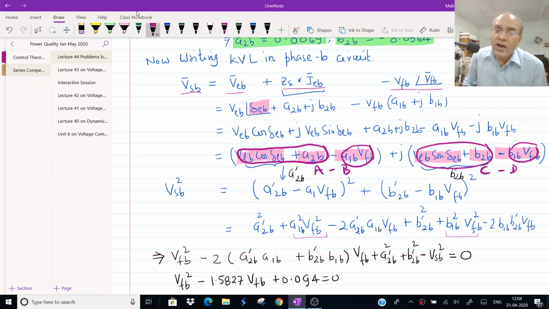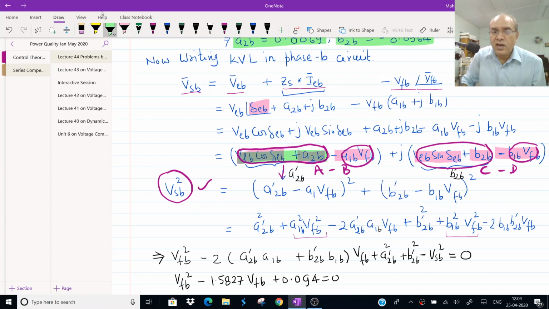Then we will square the real and imaginary coefficients on the left hand and the right hand side. We will get on the left hand side VSB square, this term. On the right hand side, this is the square of this, that is A2B dash. Now let us call this whole thing A2B dash. Check me.